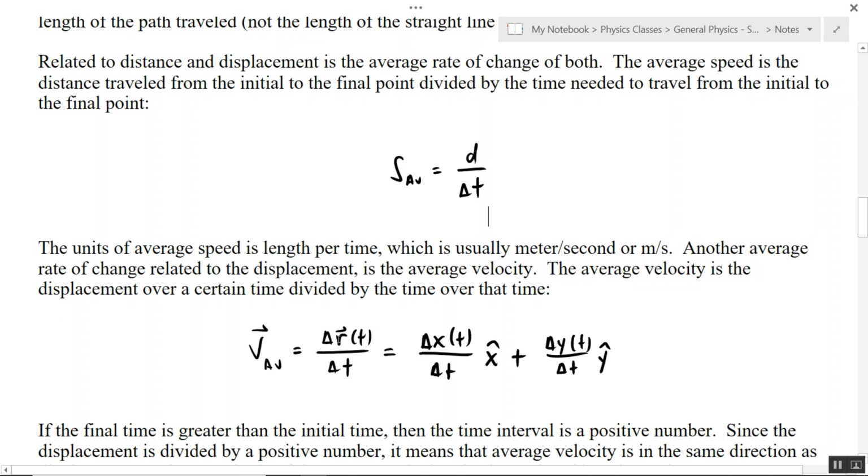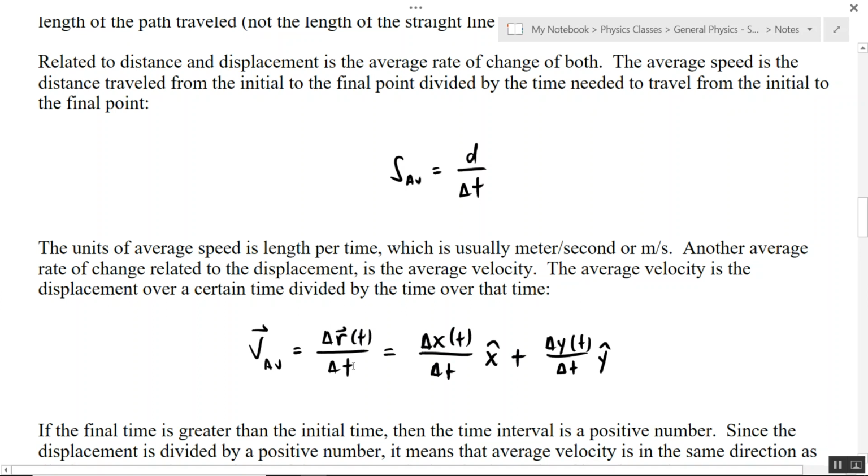The displacement vector divided by the time it takes to get from point A to point B is what's defined as the average velocity vector. So it's a vector, because displacement is a vector, and when you divide a vector by a scalar, a number, which is a time, that gives you another vector. Now this time is always a positive number, right?